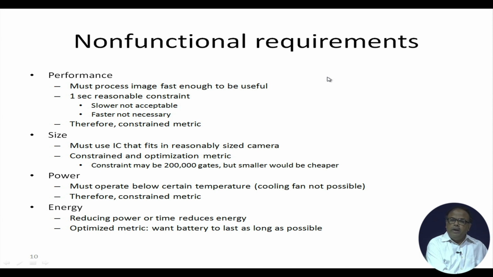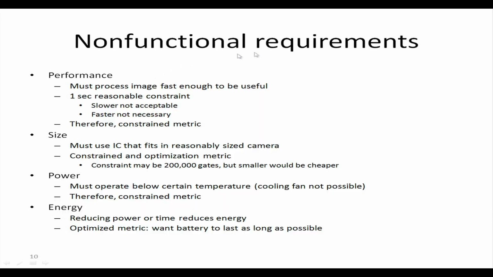we are going to start a design in the next class, but before that let us look at what are the non-functional requirements. All those functions, whatever we have talked about, CCD, image compression, encoding, those are functionalities, those have to be done. But what are the non-functional requirements? The performance is that we must process the images fast enough to be useful. Okay.